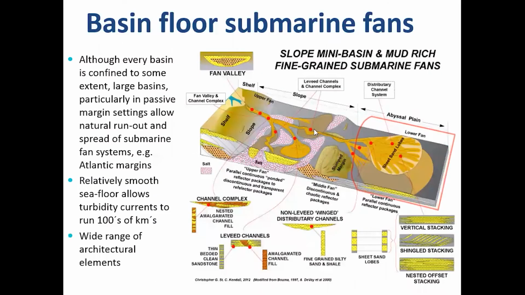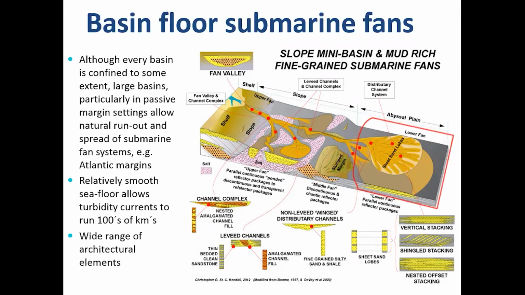So continuing on now past the slope and onto our abyssal plain type of deep marine setting, we're now looking at basin floor submarine fans, which are particularly common in our larger passive margin type settings, where we have a natural and unconfined route of turbidity currents, allowing the construction of large-scale submarine fan systems, for example, as we see on the modern-day Atlantic margins.